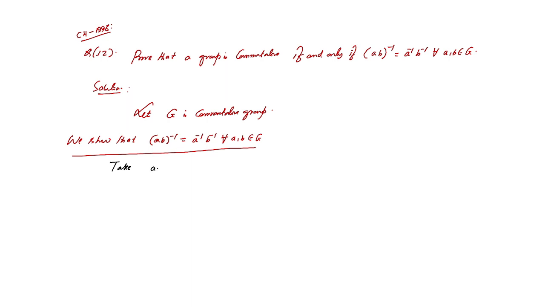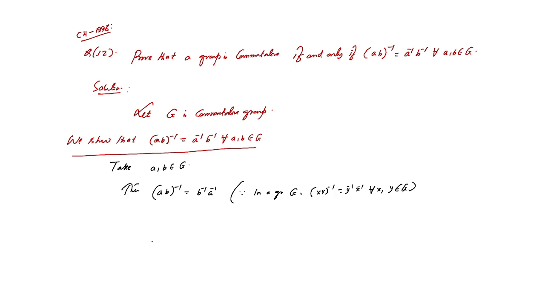So we take any two elements A, B belongs to G. Then (AB) whole inverse, by standard property, we can write as B inverse A inverse. Because in a group G, (XY) whole inverse will always be Y inverse X inverse. This is a standard property of a group.